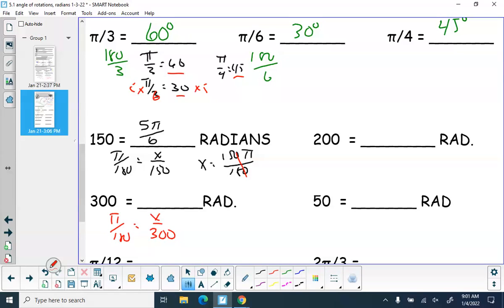I can multiply 60 by 5. If I multiply 60 by 5, that will give me my 5 pi over 3. And once again, if you click it back to your calculator, 300 over 180, hit your math button, hit enter, you get your 5/3, so you have 5 pi over 3.